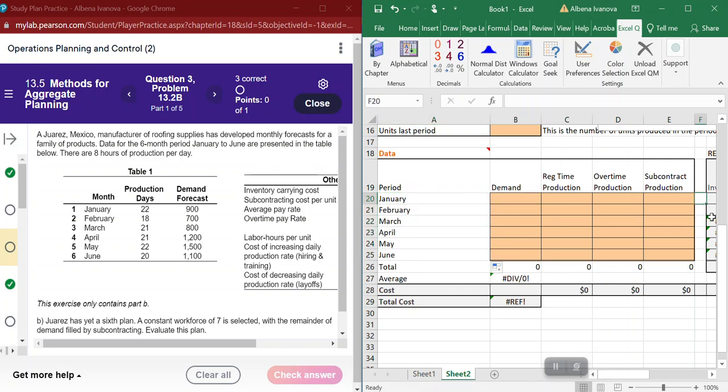The production days I am going to put in that little column here since they are listed for me. And the forecasted demand will be right here.